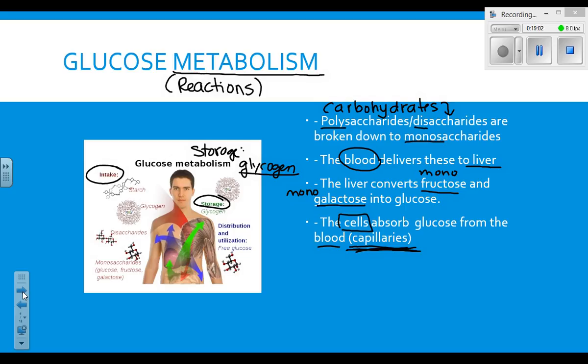But eventually, my big carbohydrates and my disaccharides become monosaccharides. And then finally, it becomes glucose, and it is distributed and used. Does anyone have questions about how glucose would get to your cells? Some of this will come back for sure when we talk about digestion, and again when we talk about circulation.